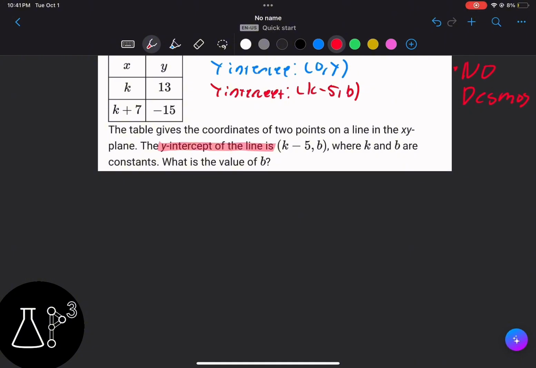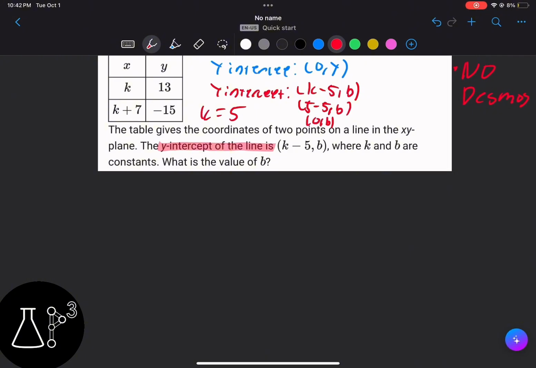The only way to make (k minus 5, b) a y-intercept is for x to equal 0. And the only value of k that can make k minus 5 equal 0 is k equals 5, because 5 minus 5 equals 0, and then b. So then we get (0, b), and that gives you the y-intercept, or b. So k equals 5 in order to have the y-intercept of the line.